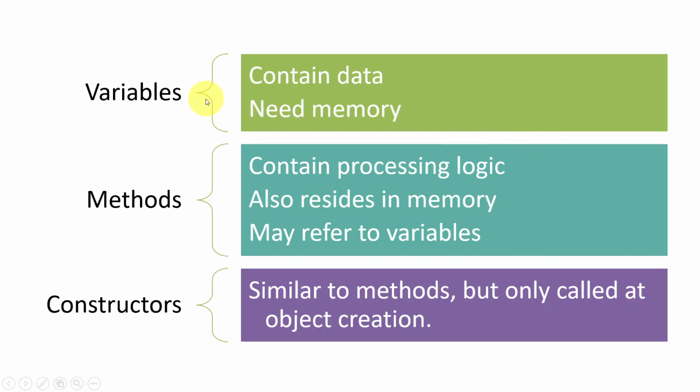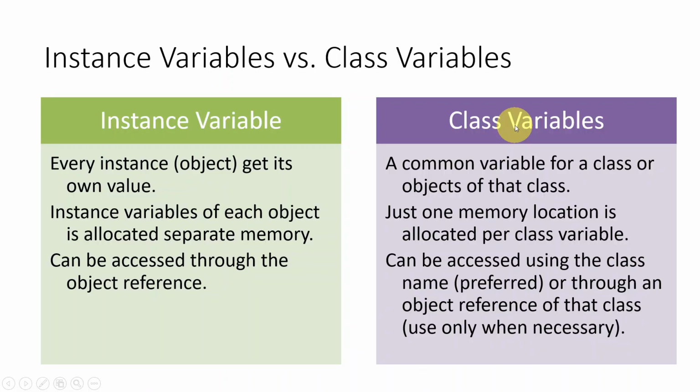All our attributes will be mapped into variables and the behaviors will be mapped into methods. The constructors are a separate concept, though they are somewhat similar to methods. All our attributes must be mapped into either instance variables or class variables.